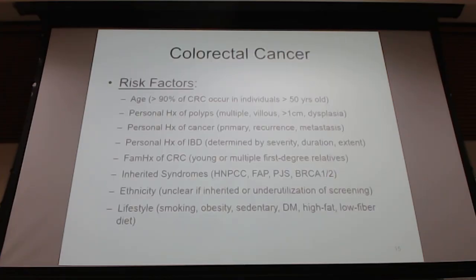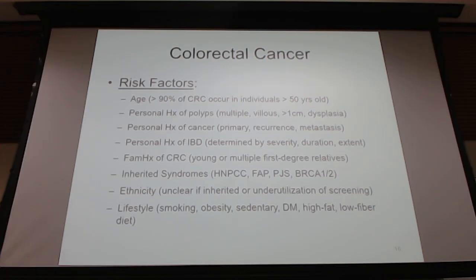But here's your risk factors. Okay? So what do we see? Most of these people are going to be over the age of 50. This is not typically a young person's issue. So personal history, obviously, of polyps. Those are pre-cancerous. The personal history of cancer, so worry about that. Is that metastasizing?